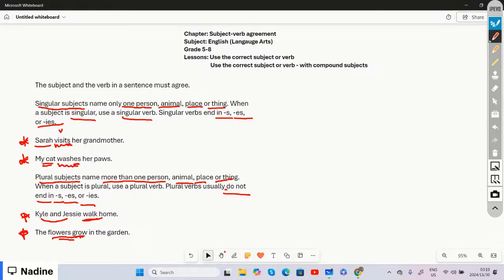And once again, if the subject is plural, we don't add s, we don't add es, and we don't add ies.